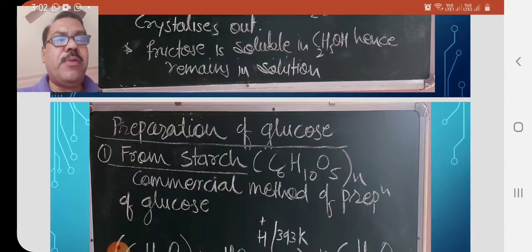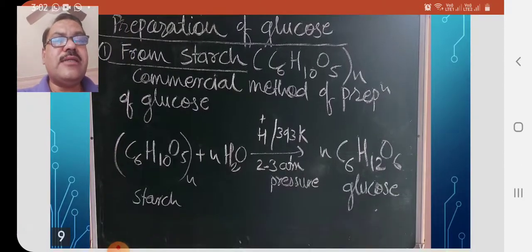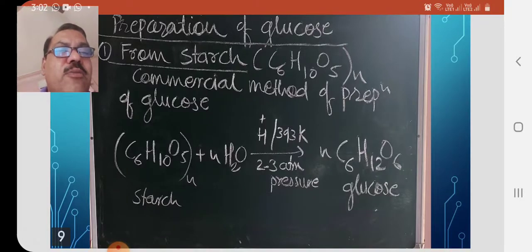Now the second method of preparation of glucose is from starch. This is the industrial method or commercial method of preparation of glucose.